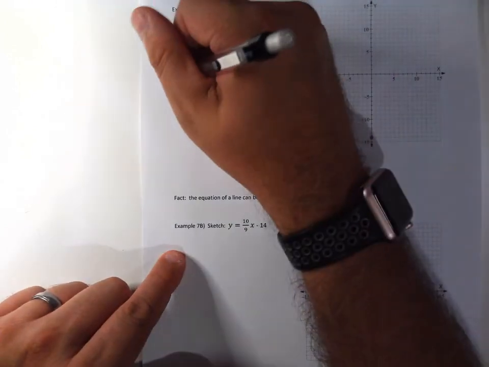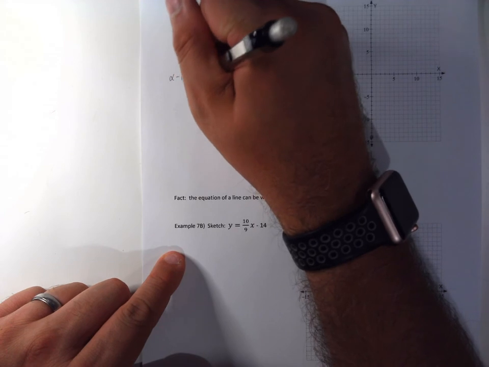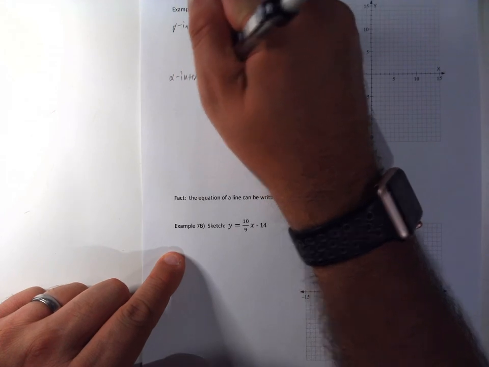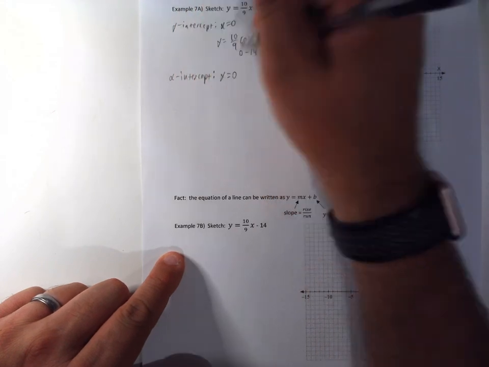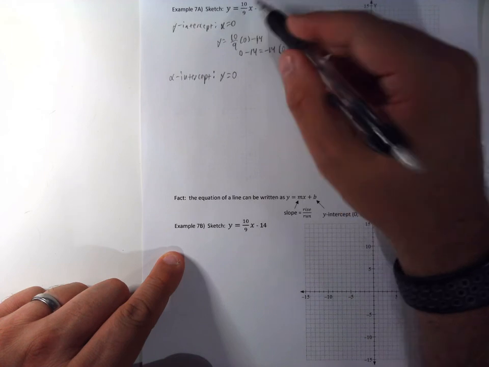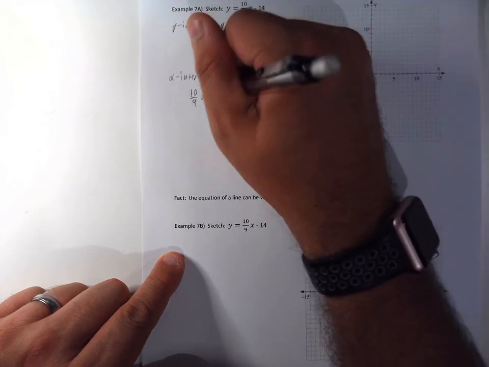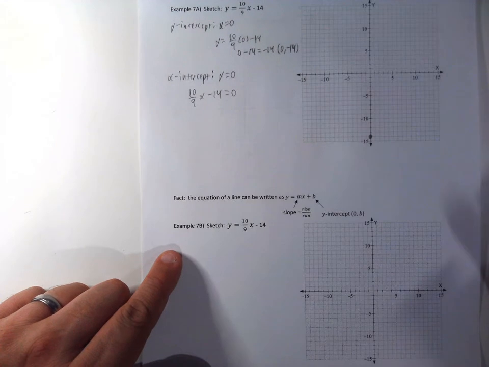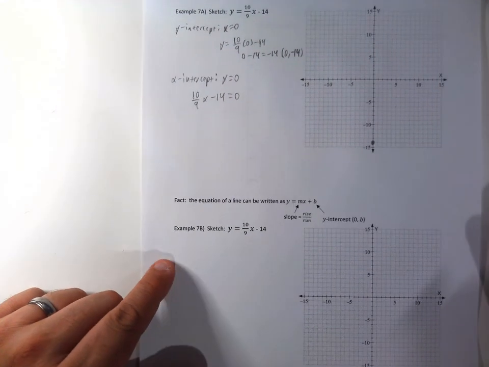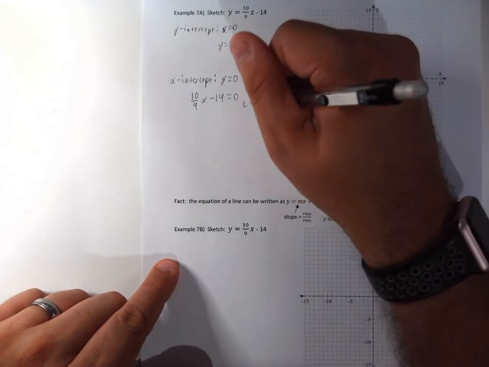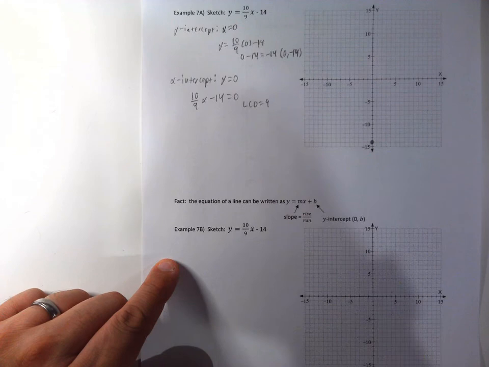Next, I'm going to do the x-intercept. That is where y equals 0. And since this equals y, that is where 10/9 x minus 14 equals 0. The LCD is 9.